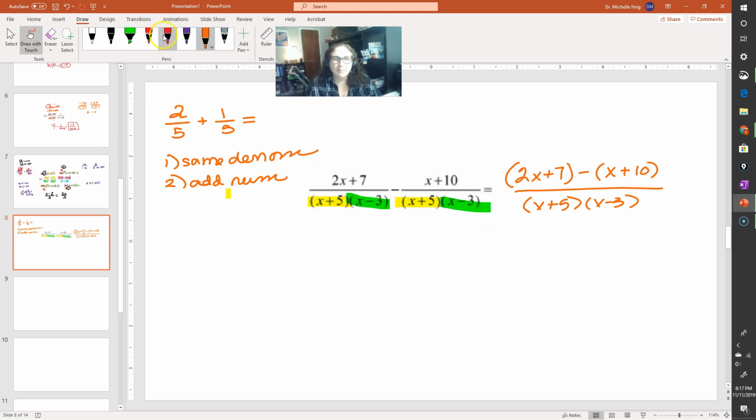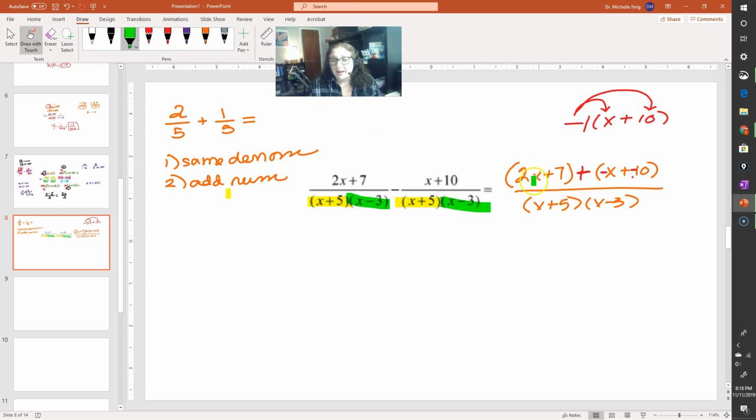So what's going to happen is this negative is really subtracting this whole thing. So really, this becomes a positive, this becomes a negative, and this becomes a negative. Because what I'm doing is I'm really saying, well, what's negative 1 times x? Well, that's negative x. What's negative 1 times 10? Negative 10. After you've done that, it's just simplifying.